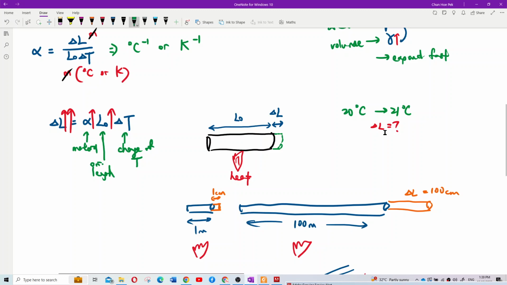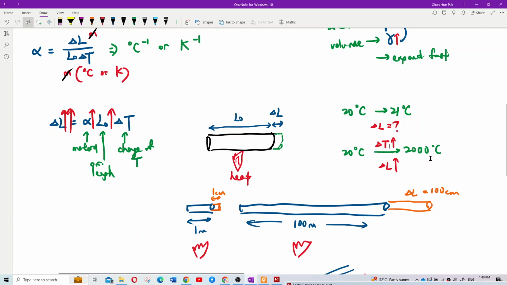If you heat up to 2000 degrees Celsius, what is the change of length? Of course, very high, right? Because the change of temperature is so high. If you just heat up 1 degree Celsius, very little.